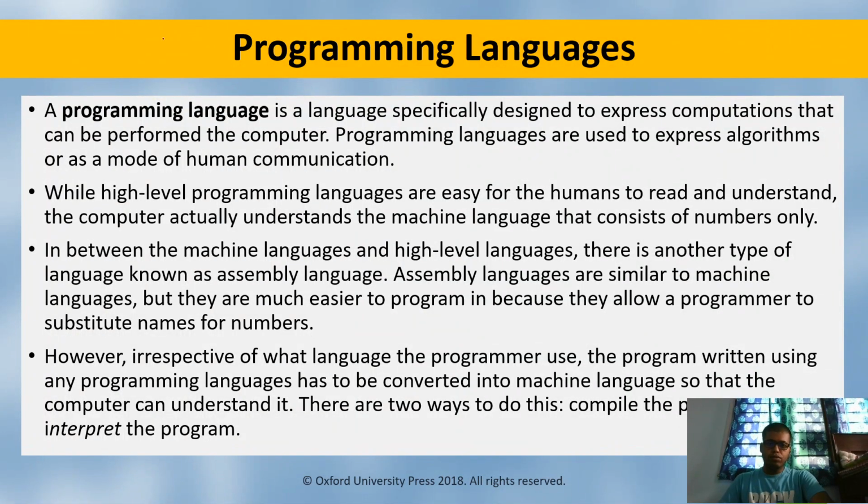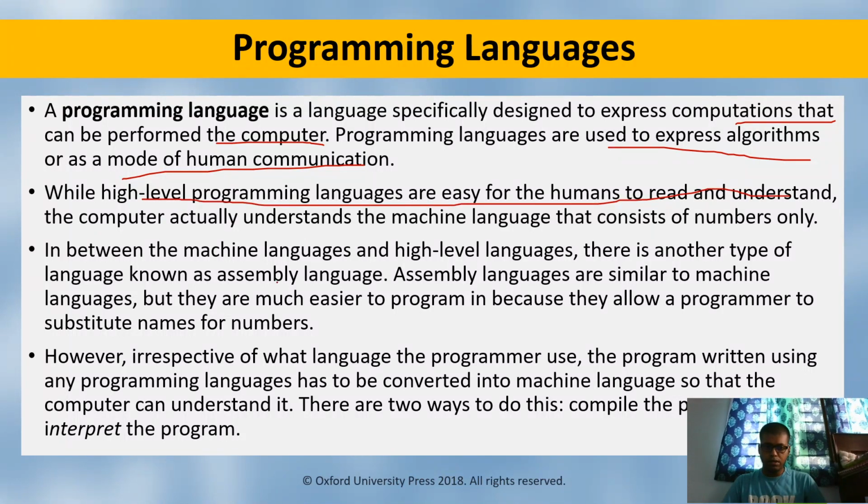Now, programming language. A programming language is a language specially designed to express computations that can be performed by the computer, and it is a mode of expressing algorithms and human communication. There are high-level programming languages that are easily human readable and understandable.